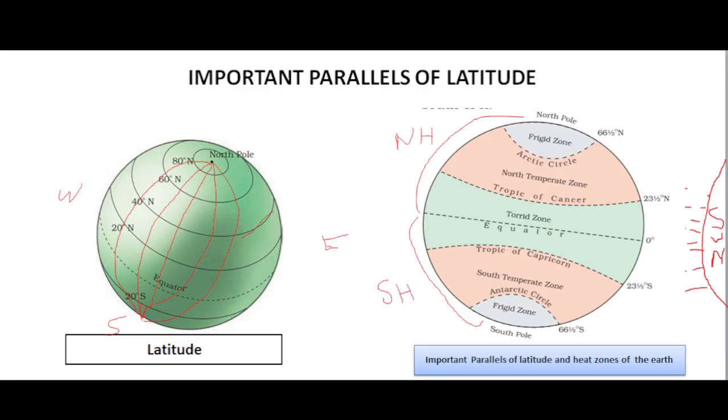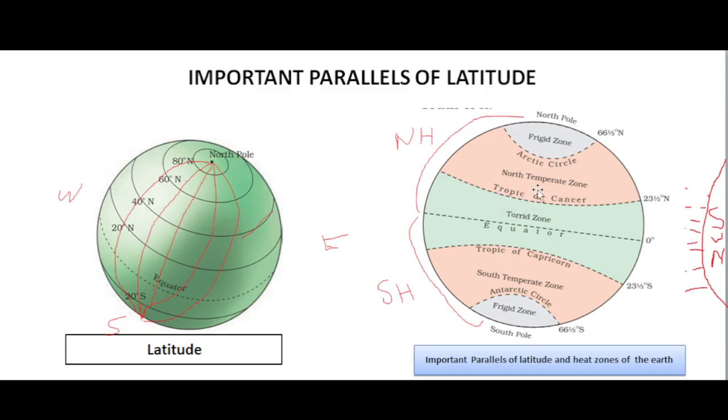So, important parallels of latitude. The equator is the largest possible circle which can be drawn around the earth. There are some other important parallels of latitude which have been given special names. See in this diagram, that is the northern hemisphere. So the Tropic of Cancer, you can see, is under the northern hemisphere.